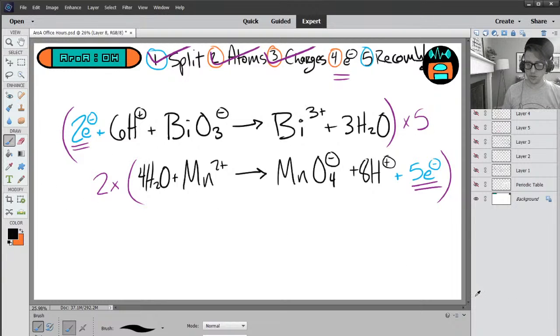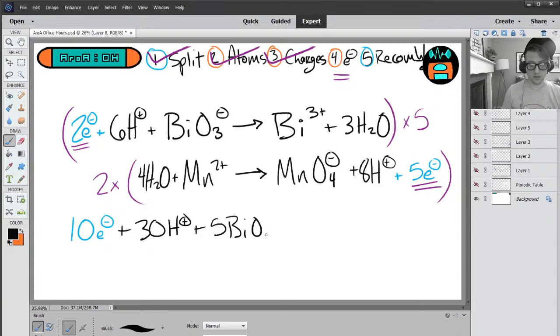So, 2 times 5 would be 10 electrons, plus 5 times 6 is 30 hydronium ions. 5 times 1 will be 5 of the BiO3. 5 times 1 is going to be 5 bismuth 3 ions, and then 5 times 3 is 15.